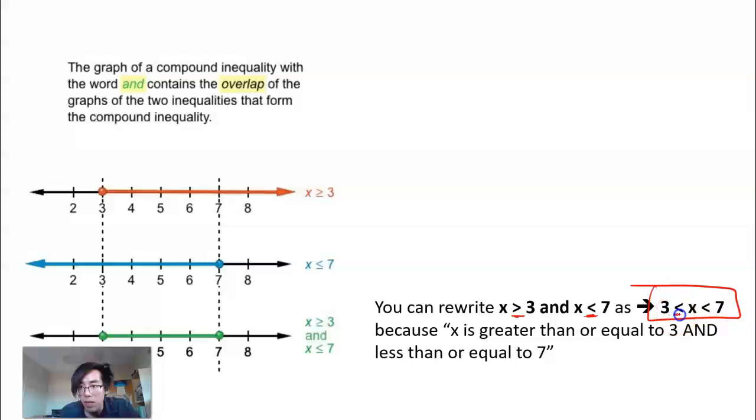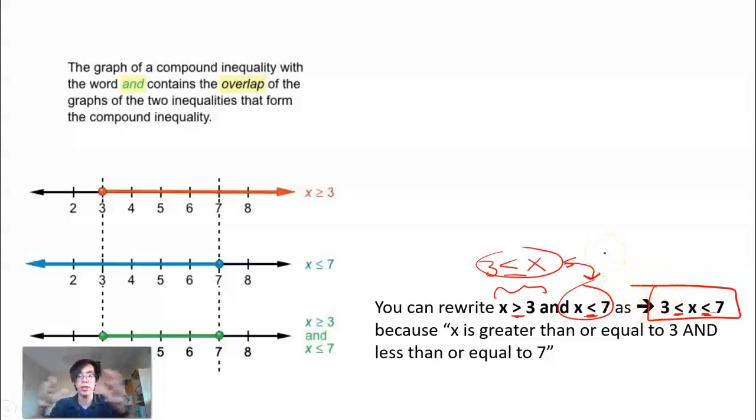Let me put that equal sign underneath. Because I know that if x is greater than or equal to 3, that's the same thing as 3 is less than or equal to x. All I did was combine these two and mesh them together to look like that.